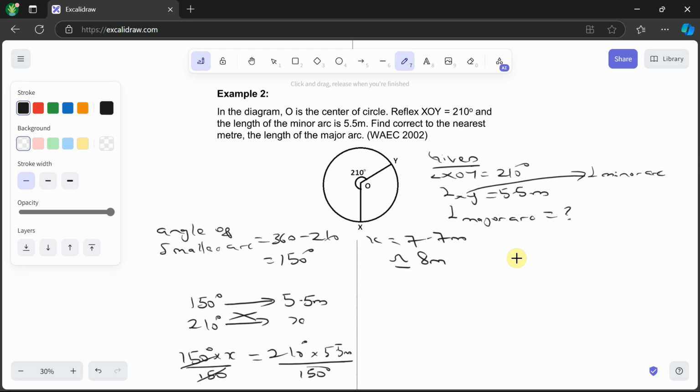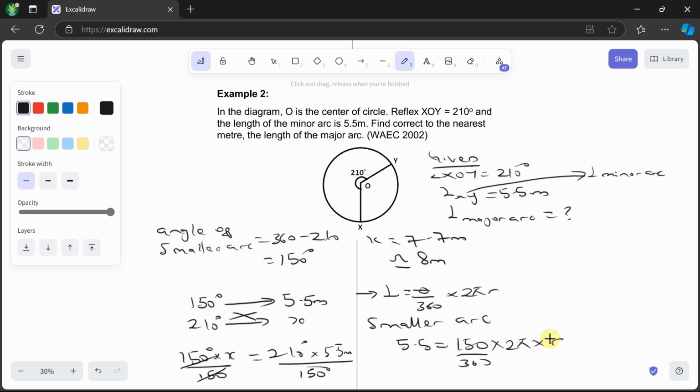But if I wanted to solve it the longer way, since I already have the angle and the length of this smaller arc, I could have said that L is equal to theta over 360 times 2 pi r. For the smaller arc, my L is 5.5 meters, and my theta is 150, so 5.5 equals 150 over 360 times 2 pi times r.